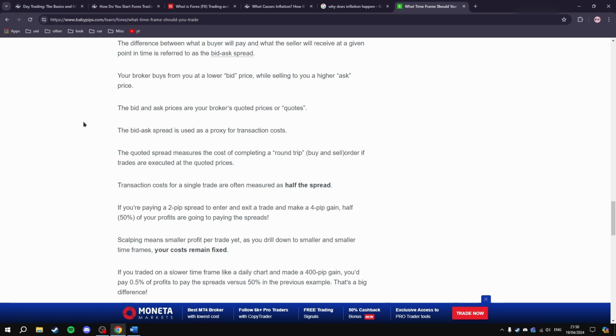Your broker buys from you at a lower bid price while selling to you at a higher ask price. The bid-ask prices are your broker's quoted prices or quotes. The bid-ask spread is used as a proxy for transaction costs.